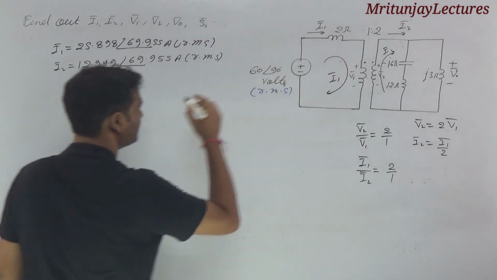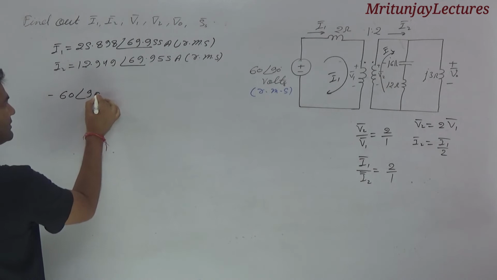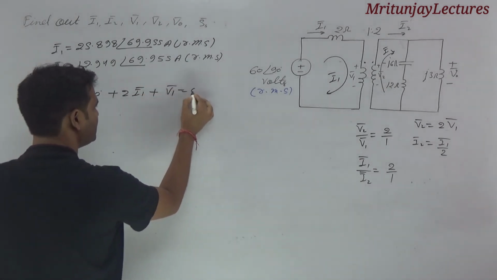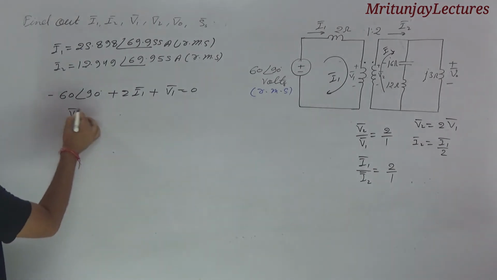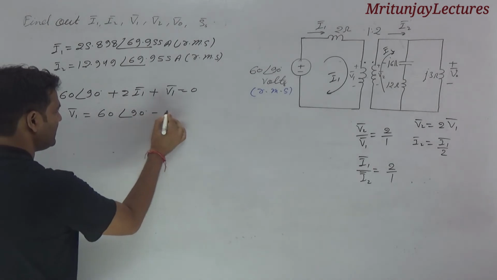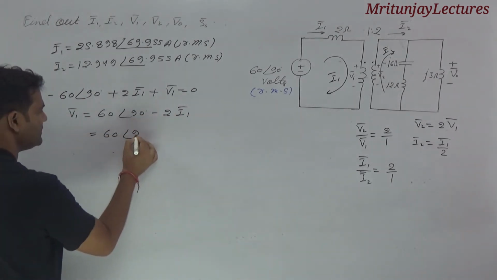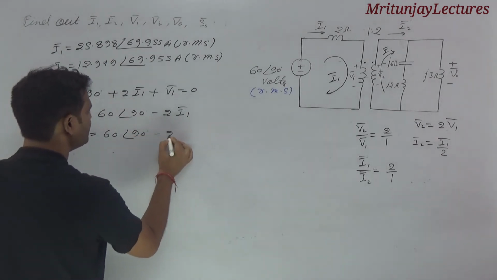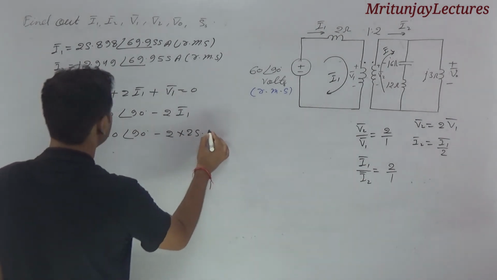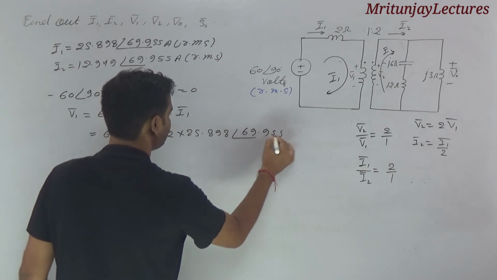Apply KVL in this loop: 60 at the angle 90 minus... that is 60 at the angle 90 plus 2 into I1 plus V1 equals 0. So V1 is written as 60 at the angle 90 degree minus 2 into I1. Here, 2 into I1 is 51.796 at the angle 69.955.